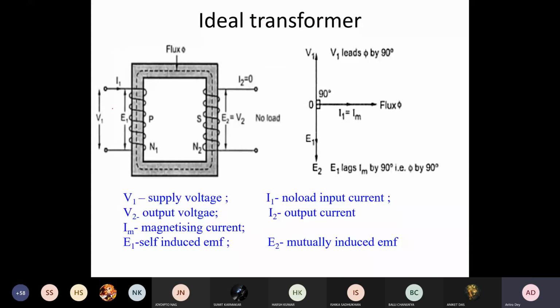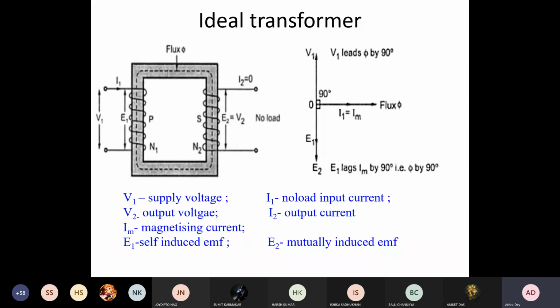What we are doing here is applying a voltage V1, which is AC, and with this voltage source there will be current flowing through the coil, and that current will produce the induced EMF, which tries to oppose its cause. That means the polarity, or flux, will be such that it tries to neutralize the effect of V1. This is how you get your E1.